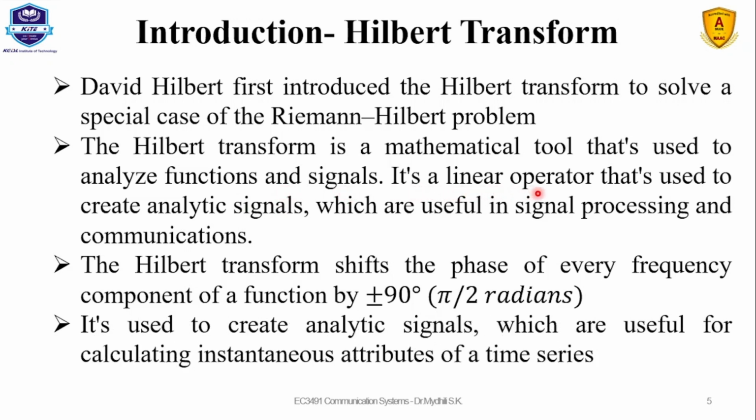It is a linear operator that is used to create analytical signals, which are useful in signal processing and communication. The Hilbert transform shifts the phase of every frequency component of a function by plus or minus 90 degrees. Either it will be plus 90 degrees or minus 90 degrees, that is pi by 2 radians.